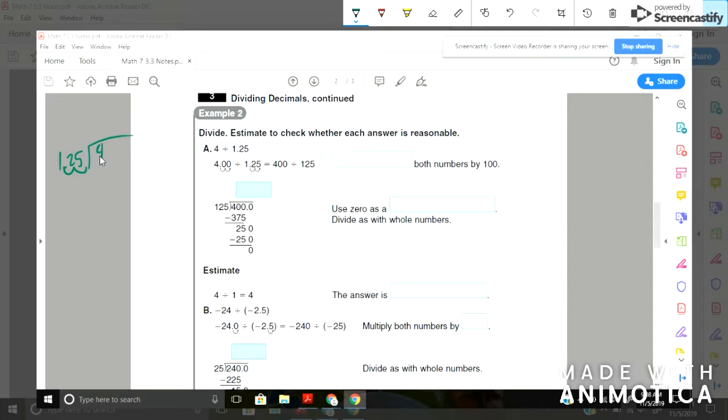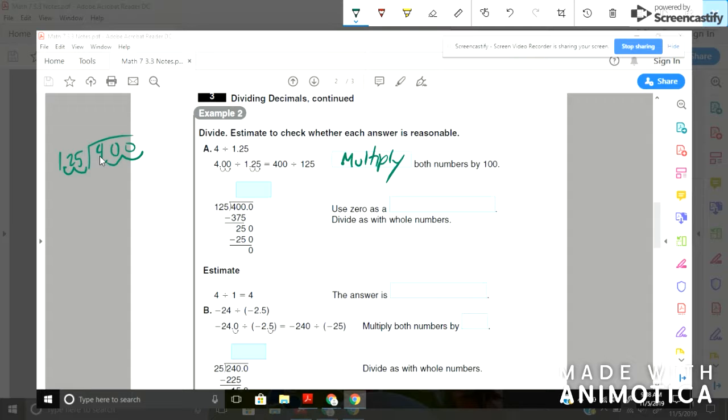Or in other words, multiply both numbers by 100. Well, if I move my decimal 2 spots in my divisor, I also have to do that in my dividend. Okay, well, there's no decimal, but you can always assume there's a decimal after a whole number, right? 4.00, and move it 2 spots. So that's the same thing as 400 divided by 125.